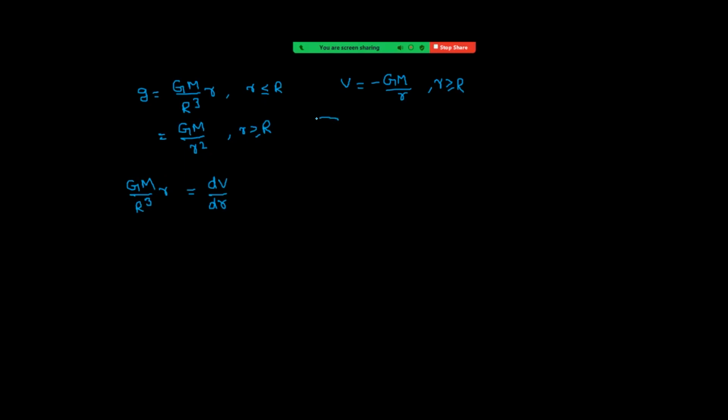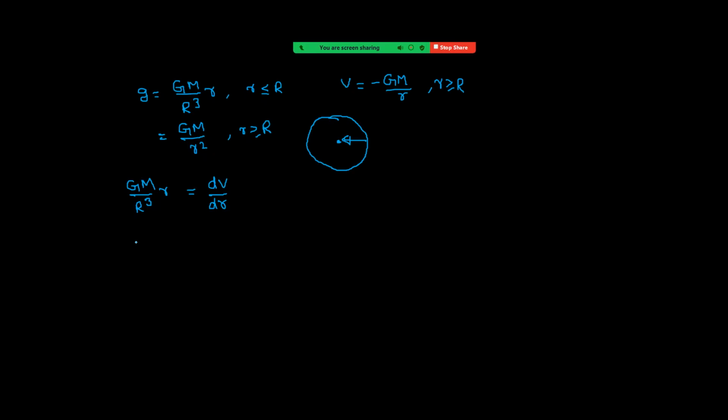When you are taking the solid sphere, field is always radially inwards. So when r is increasing, that means when we are moving outside, potential will increase. That means dV by dr will be positive. If it is clear, remains just the calculation part.